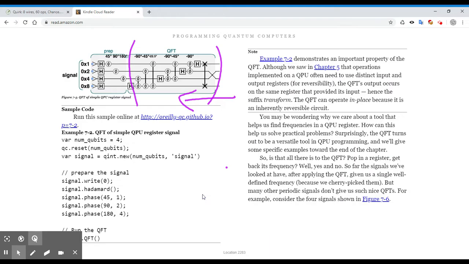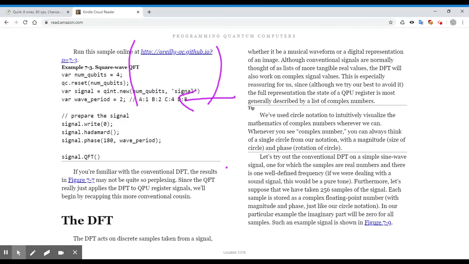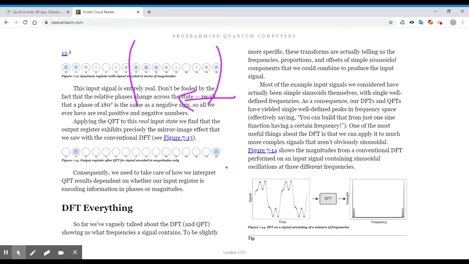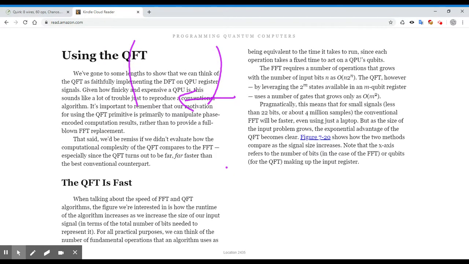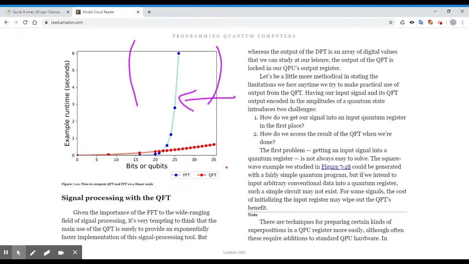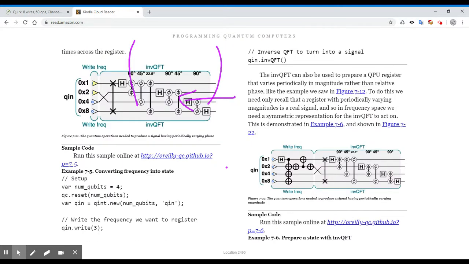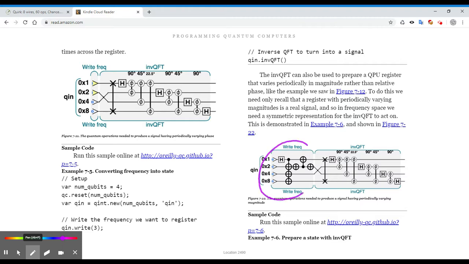I thought they were talking about the inverse QFT, the DFT. QFT is fast. The inverse. Oh, here you go. So okay, you've got that concept of preparing your frequency.